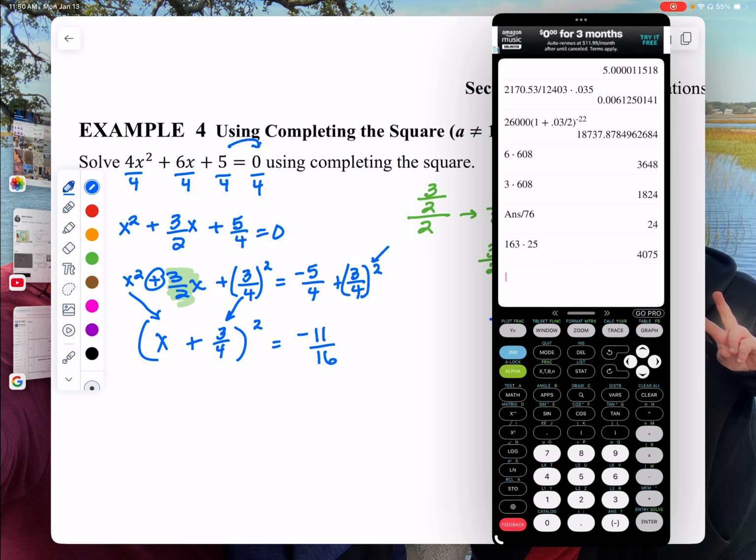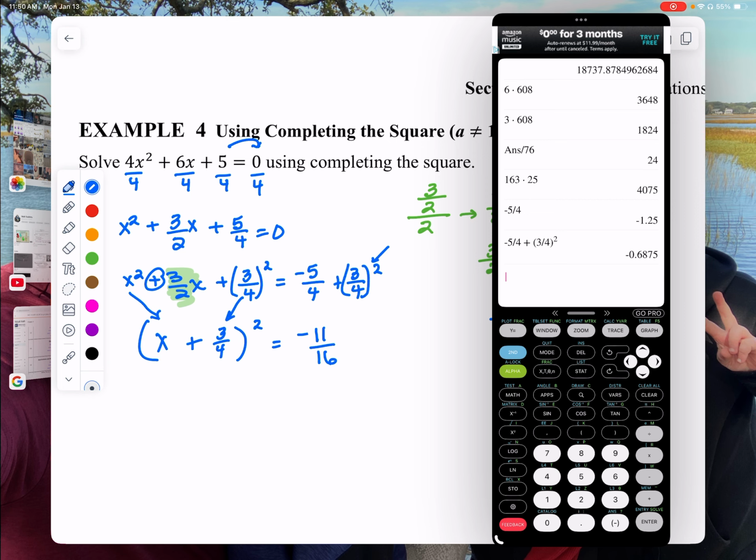Let's try it again. -5 divided by 4 plus, in parentheses, 3/4 squared. Why am I having an issue here? Let's try it one more time. You've probably done it a couple of times now in your calculator. 3 divided by 4 squared. Now, here we go.